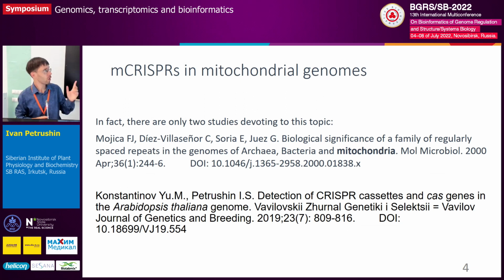This paper has about 900 citations. And our paper, three years ago, was published in the Vavilov journal about CRISPR arrays and Cas genes in the genome of Arabidopsis thaliana.